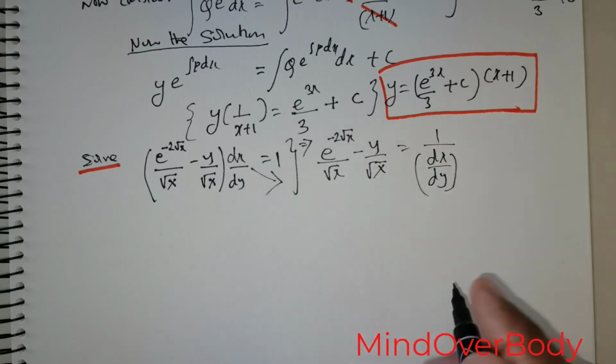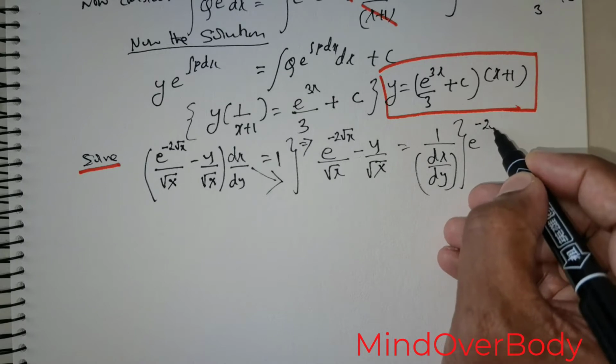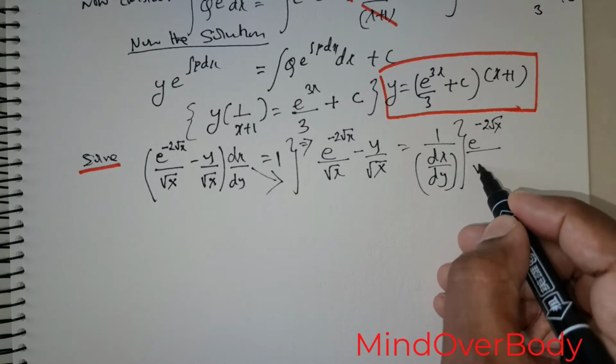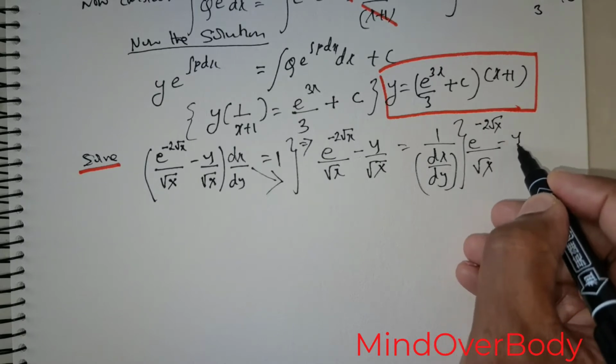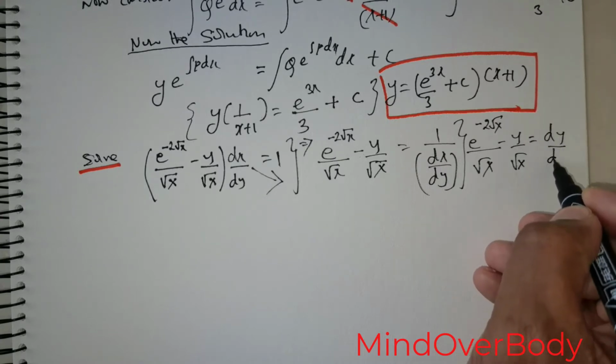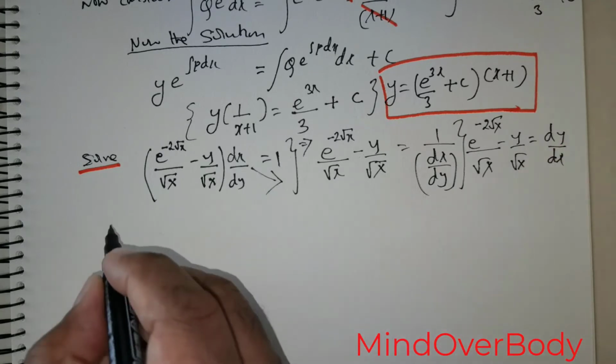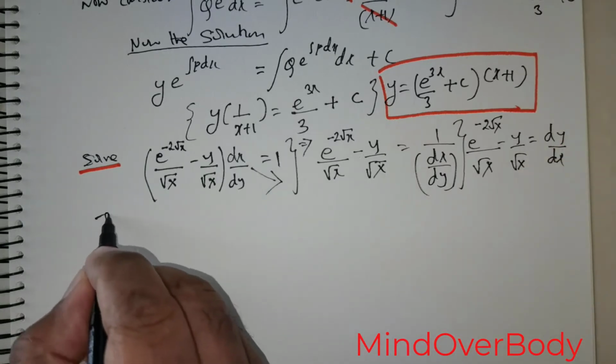Now I flip this dx over dy. So what do I get? I get e raised to the power of negative 2 times root of x divided by root of x, minus y divided by root of x, is equal to dy over dx. So this is what I've got now. Now I need to bring it into the required form.